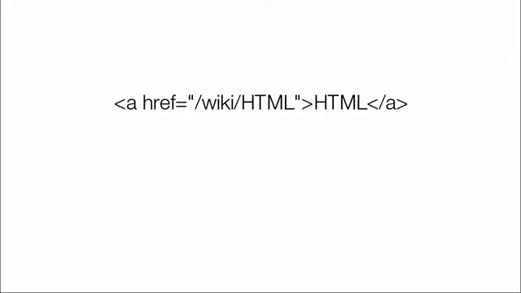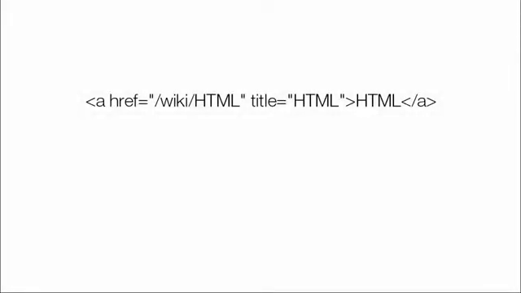It doesn't specify which website the page is on, so the browser requesting the page has to assume the page being linked to is on the same site as the page containing the link. But we can also use absolute references like this. In this case, the link actually tells the browser which site holds the reference page. In this case, it's saying, get the page from wikipedia.org.